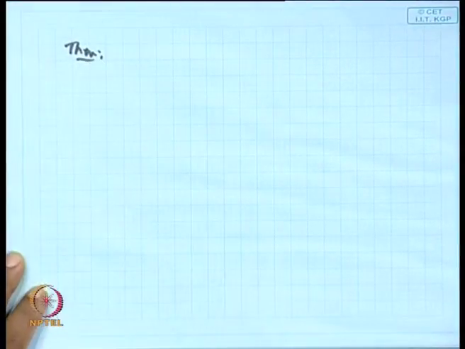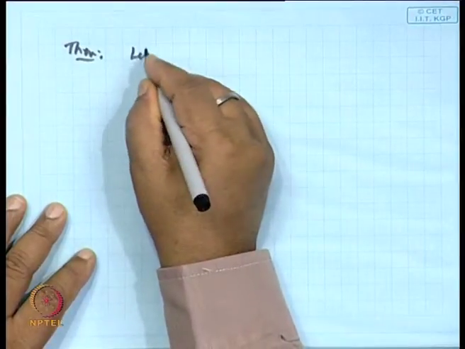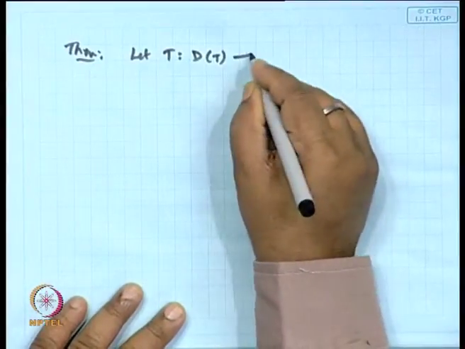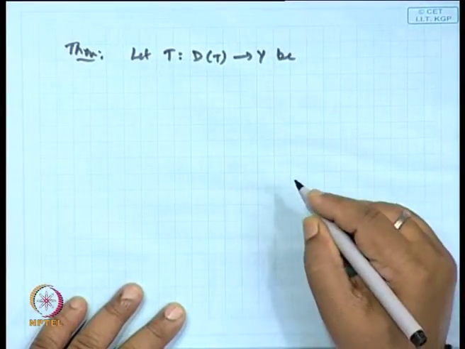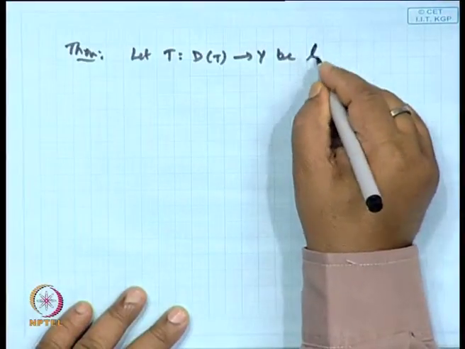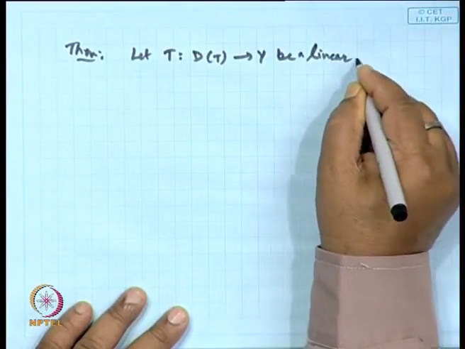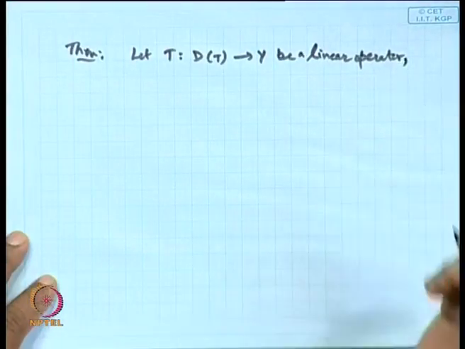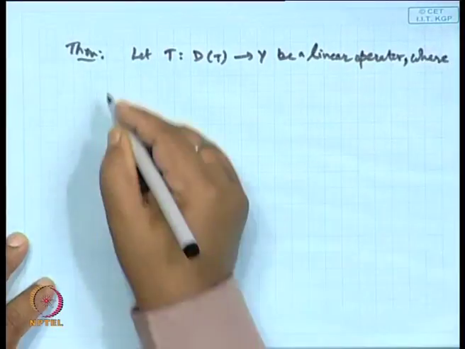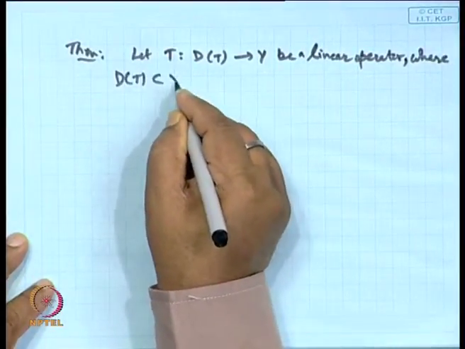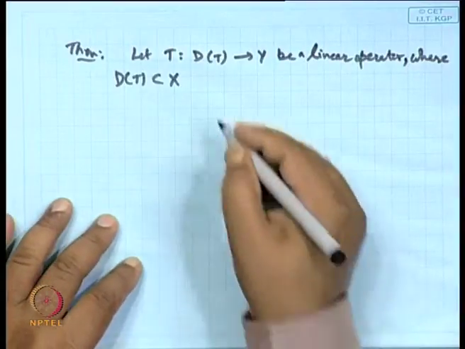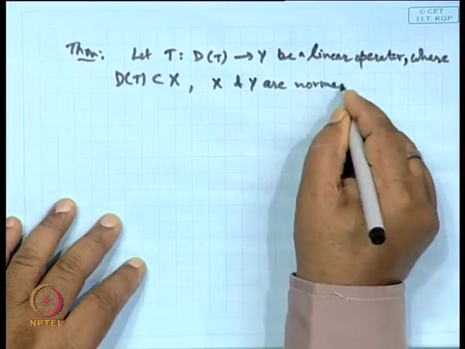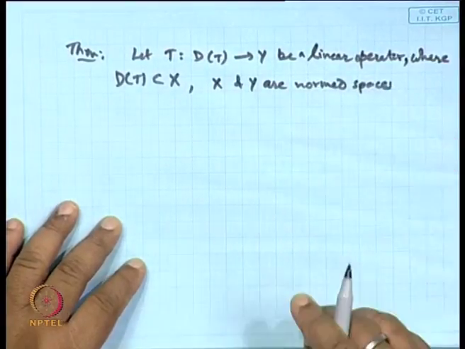Okay. So, we now have a relation between these, and the relation is in the form of a result, we say theorem. Let T be an operator from D_T to Y, a linear operator, where D_T lies in X and X and Y both are normed spaces.